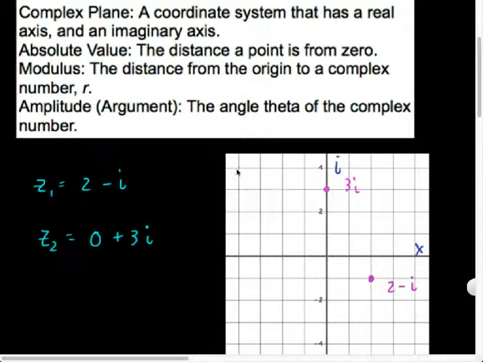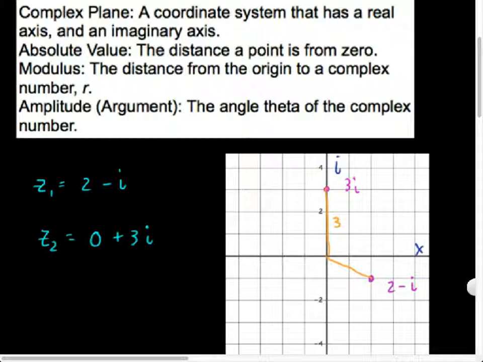And so if I want to know the distance that one of these imaginary points is from 0, it would be measured this way, right? Just the distance from the origin to that point. This distance, for instance, the absolute value would be 3, something like that.